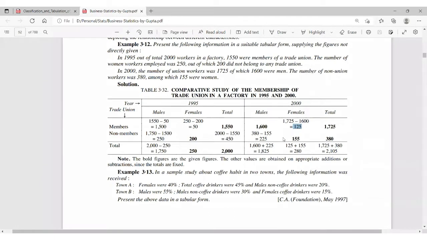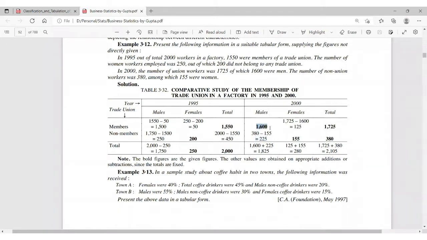Now, the number of non-union workers was 380. Non-members, given that non-members are 380. So this one is non-members, total of 380, right? Among which 155 are women. So obviously 380 minus 155, we get the males number. Now all these six we have filled.